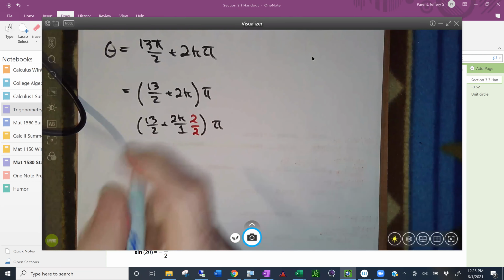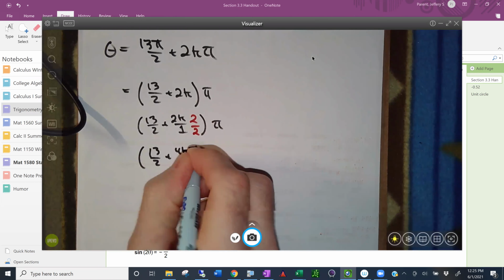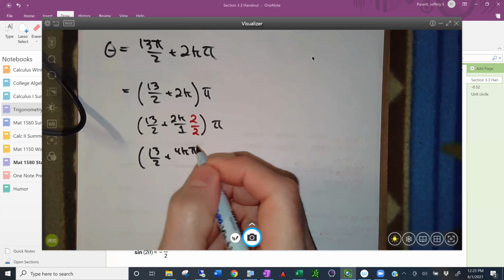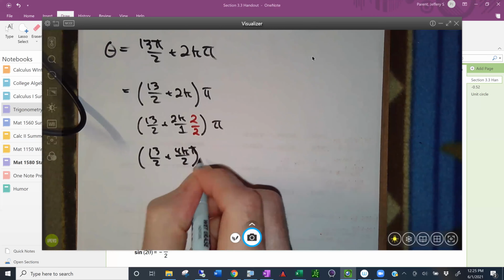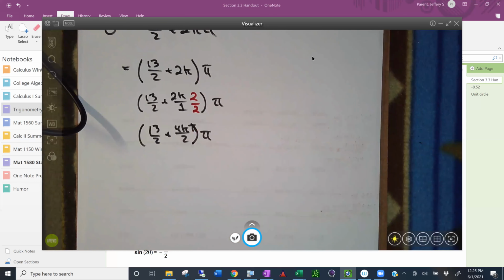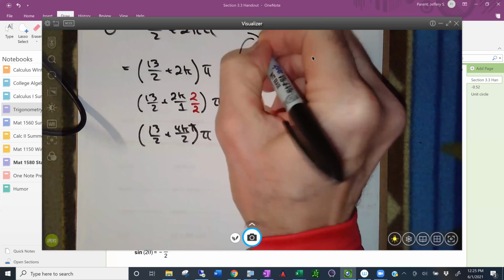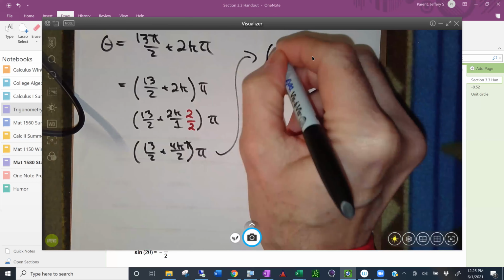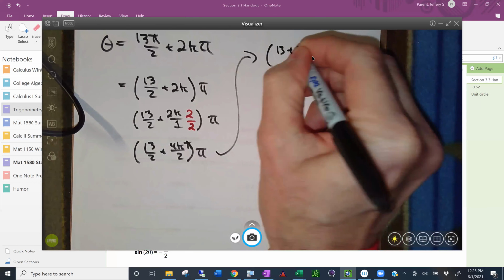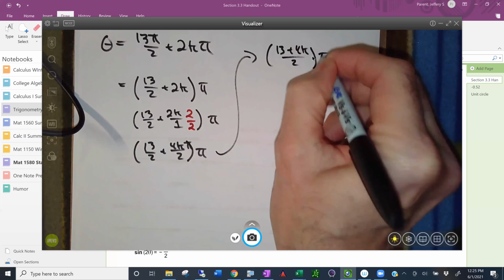That'll give me 13 over 2 plus 4k over 2, with the pi outside. These now have a common denominator, so I can rewrite this as 13 plus 4k over 2 times pi.